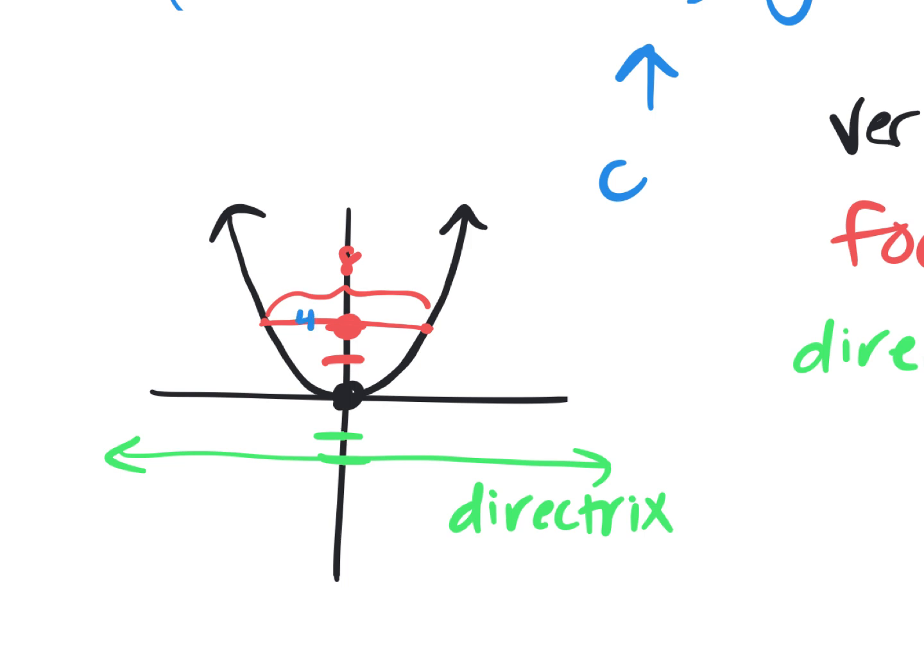Half of that distance is 4. And then half of that distance is my distance from my focus to my vertex. So 2. So this is 2, times it again to give you one side, times it again to give you that entire focal diameter. Okay, do we see that?